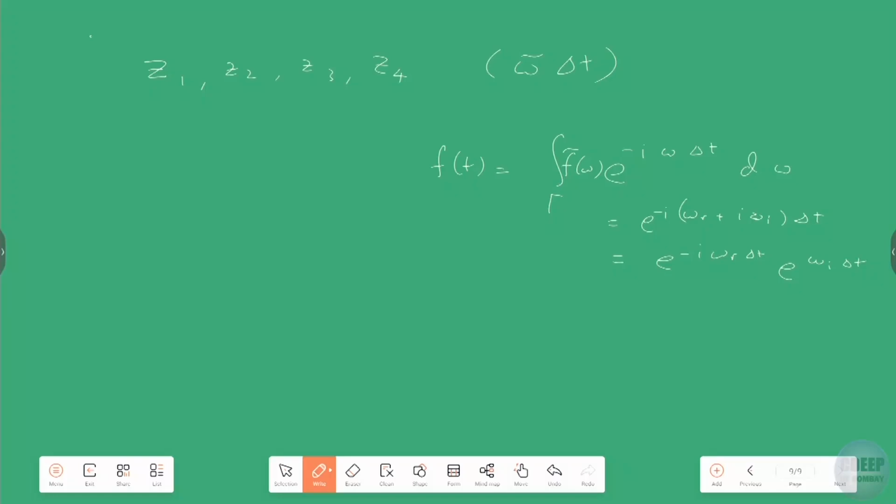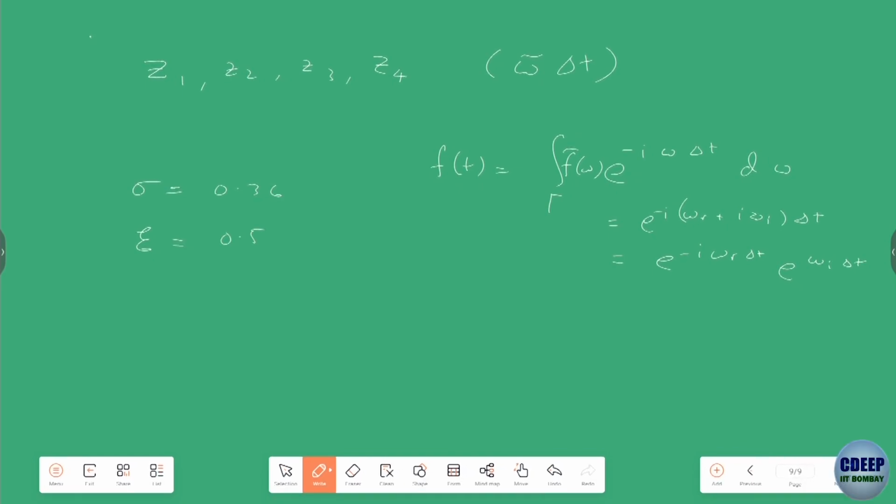So sigma is 0.36. So we are giving more weightage to the imaginary part being close to the desired one, and xi is 0.5.